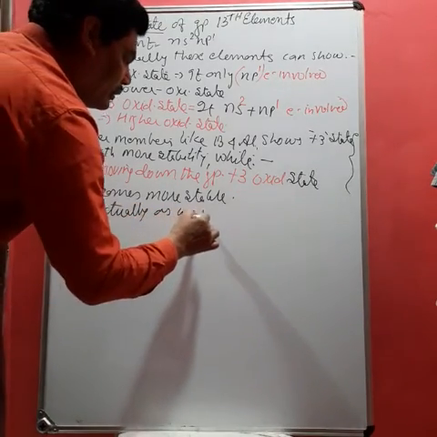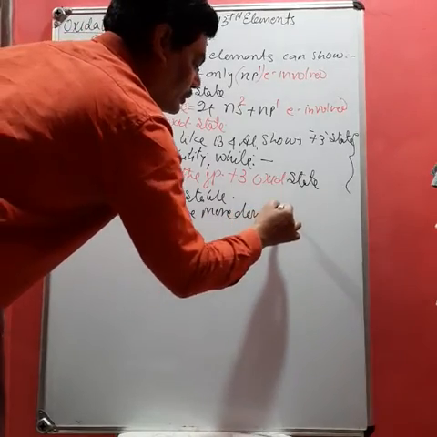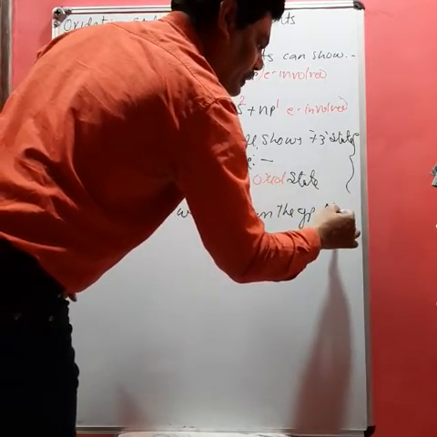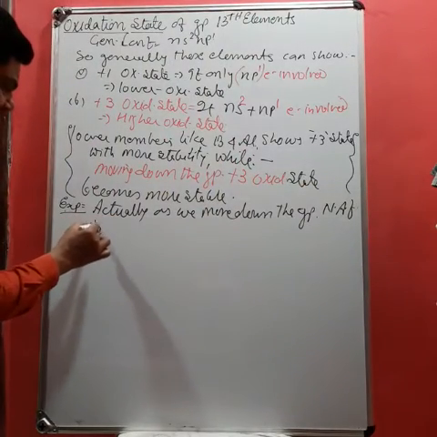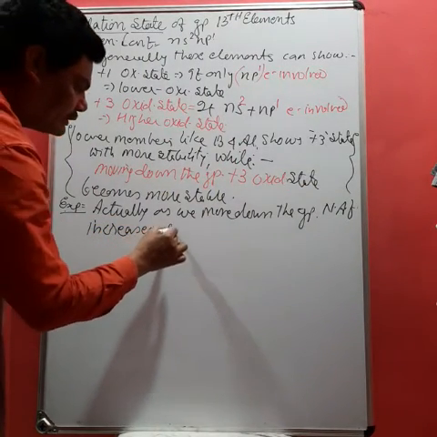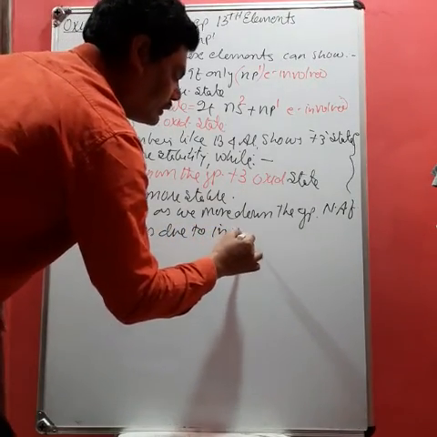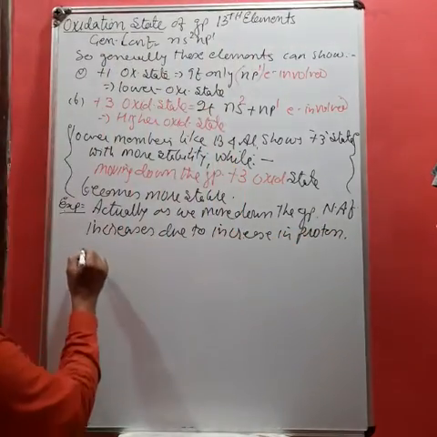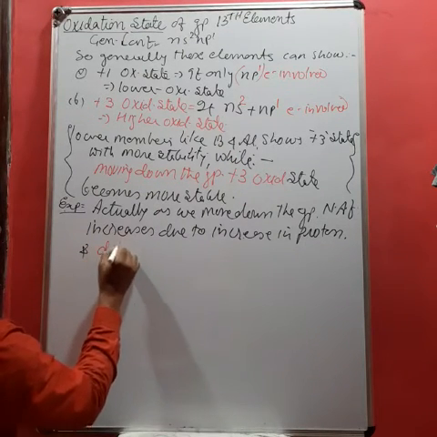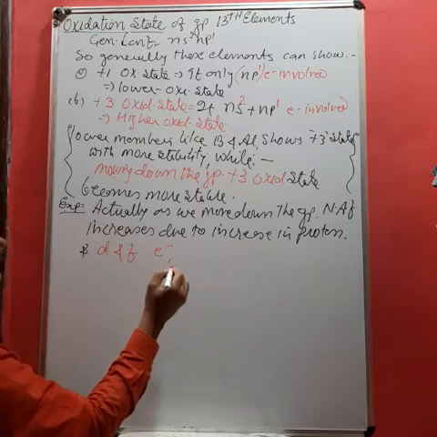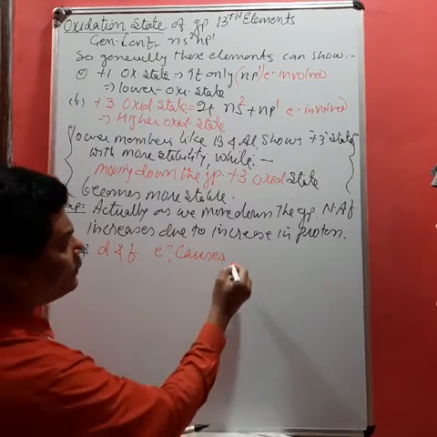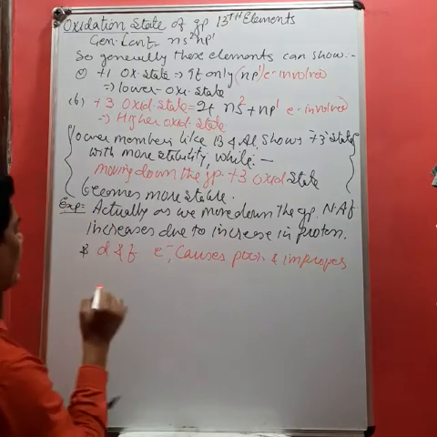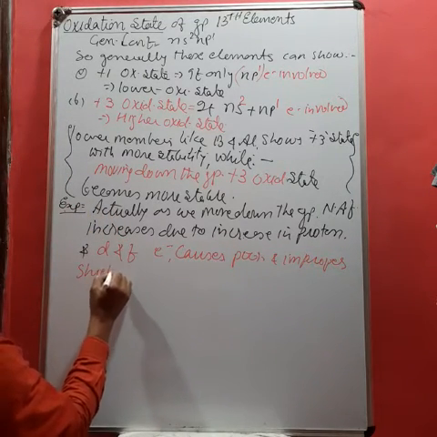As we move down the group, nuclear attraction force increases due to the increase in the number of protons, and the d and f electrons cause, as we have discussed earlier, poor and improper shielding effect.